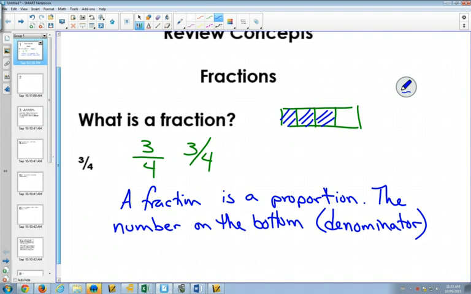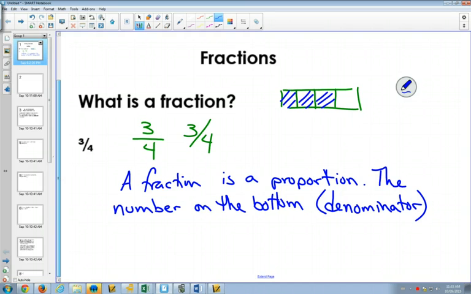This is not a formal math definition, we're just talking to try and get an idea of the concept. So that number on the bottom is the number of pieces a whole object is divided up into. For our whole chocolate bar that we had drawn before, when we wanted to talk about quarters, the 4 was on the bottom. That would be dividing up our whole object into 4 pieces.